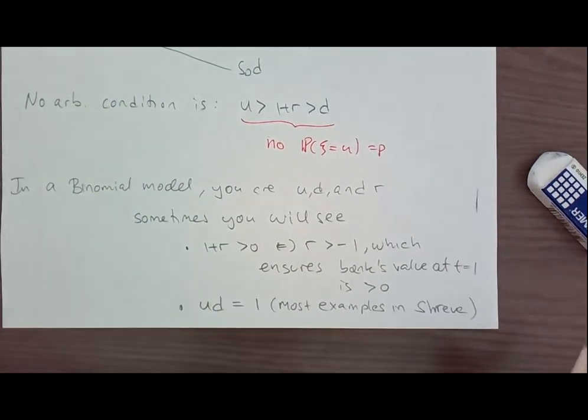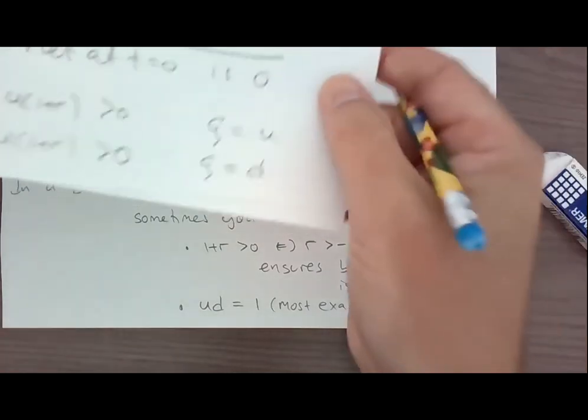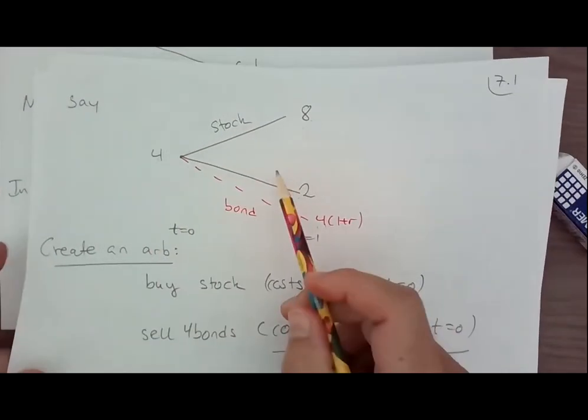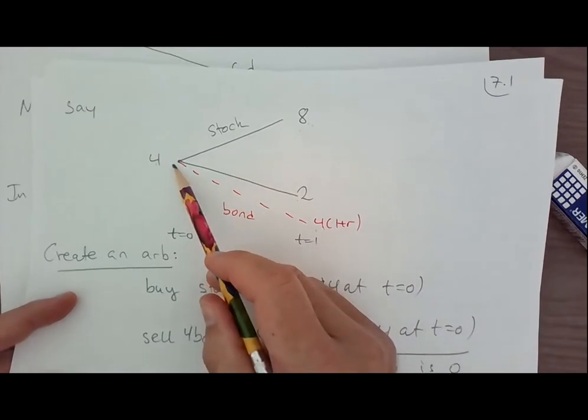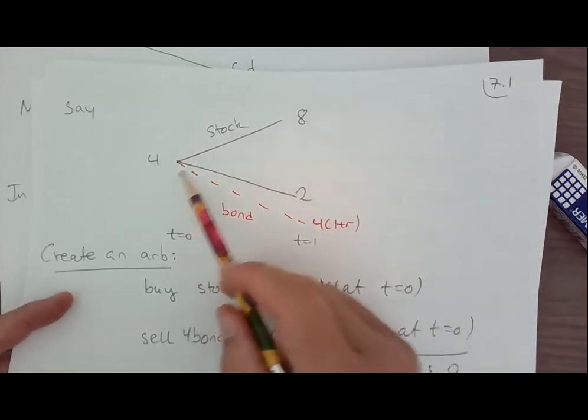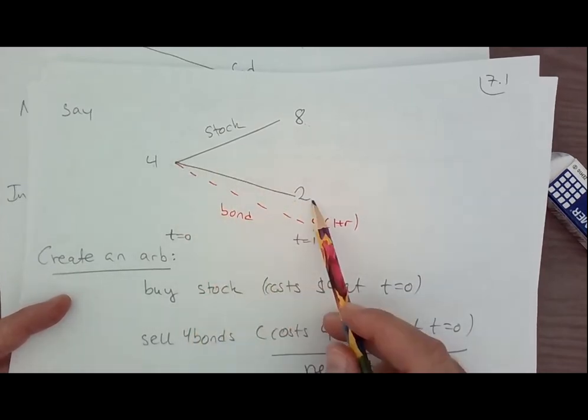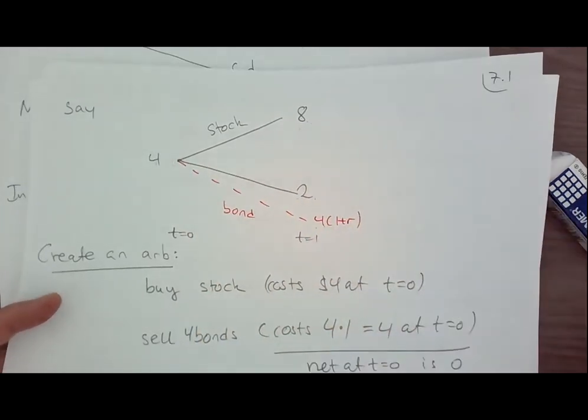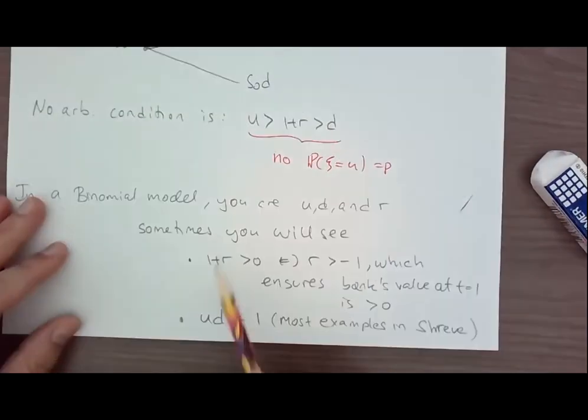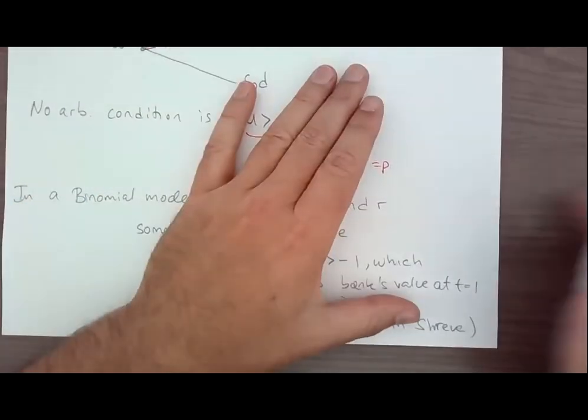You can see in the example we had here, that was u equal to 2, and then d would be equal to a half, and you have exactly that 2 times a half is equal to 1.